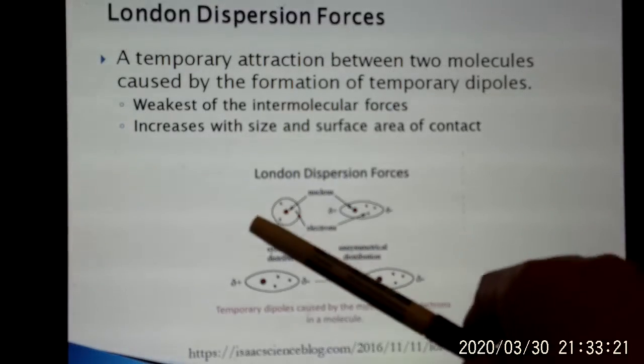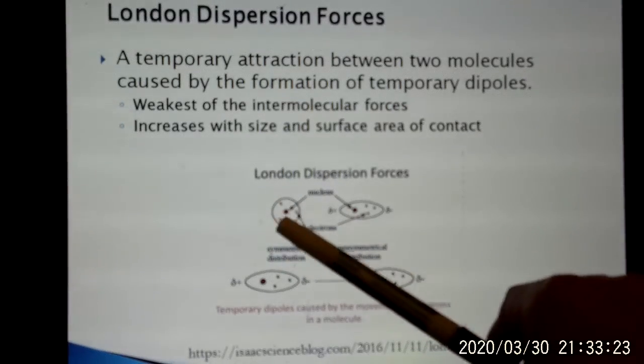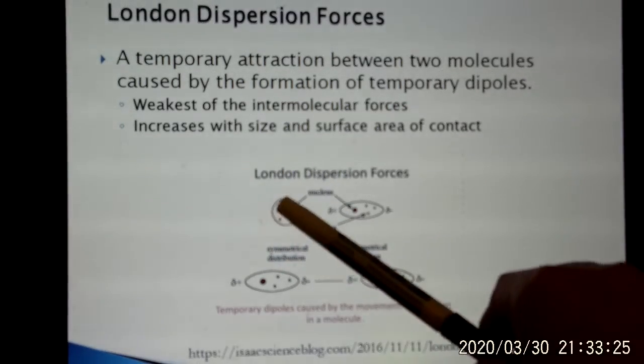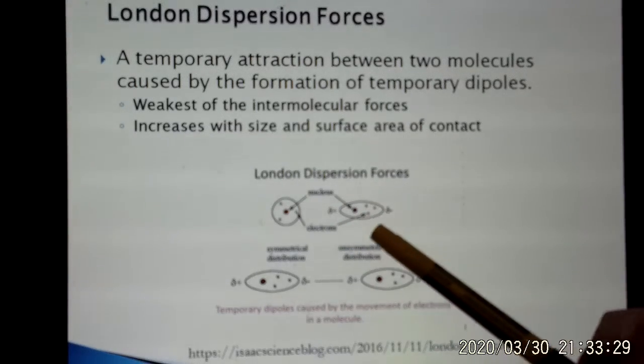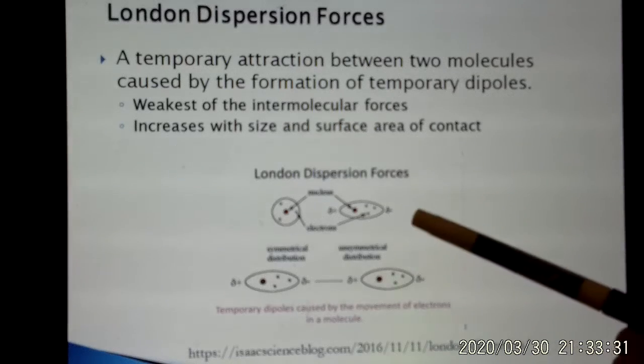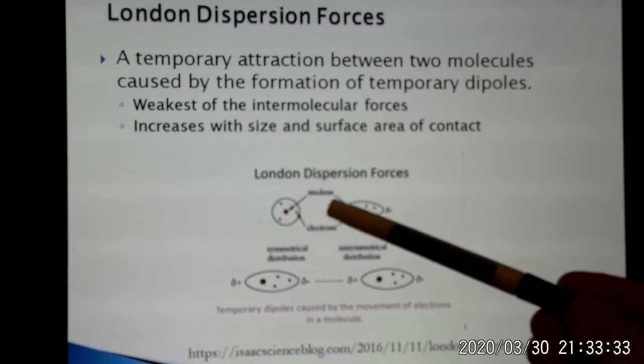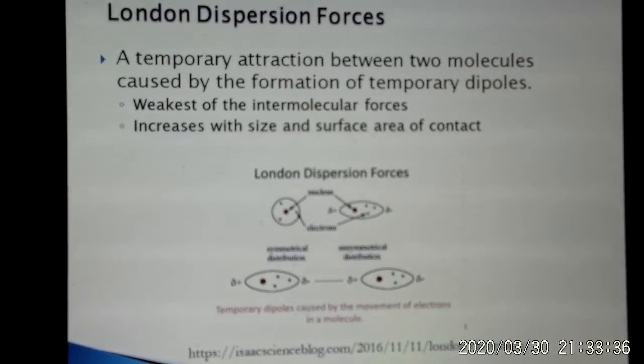So this is my molecule, my nucleus, and I've got my electrons around it. At some point in time, all your electrons are going to be on one side, and that gives it a partial negative charge, and the other side is going to be partial positive. Now, it's not a stationary dipole. It's temporary, it goes back, those electrons are moving all over the place.